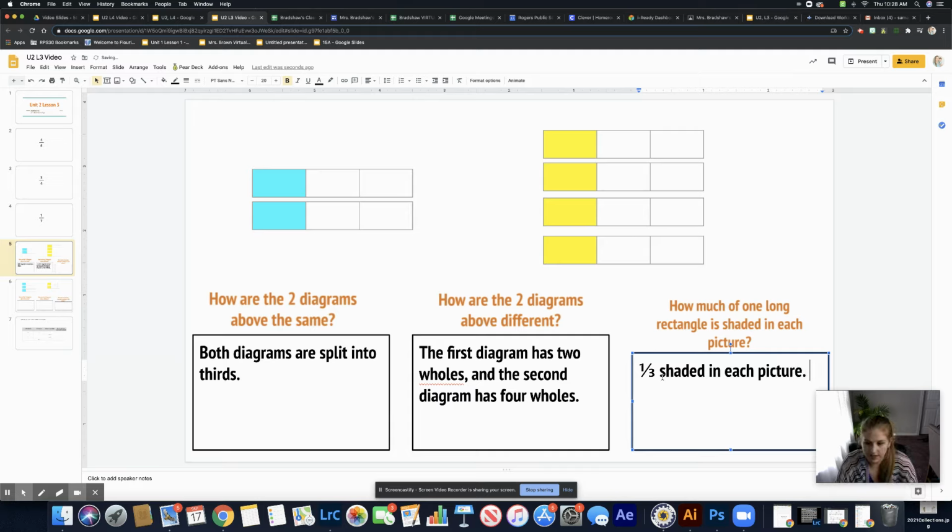If you want to take it a step further, you can say diagram 1 has 2/3 shaded, and diagram 2 has, let's see, 1/3, 2/3, 3/3, 4/3 shaded.